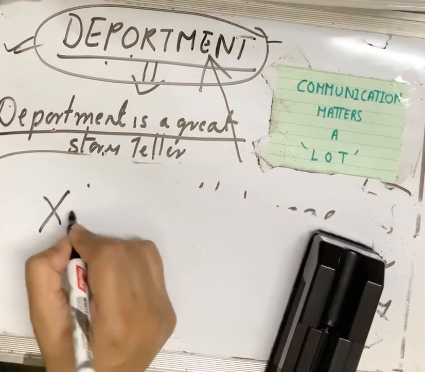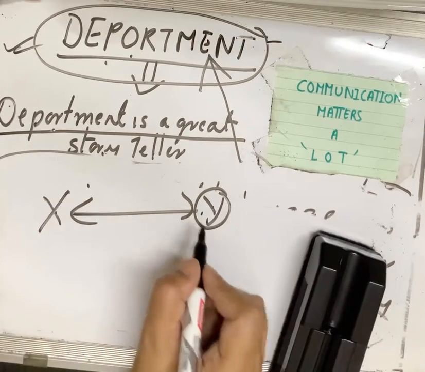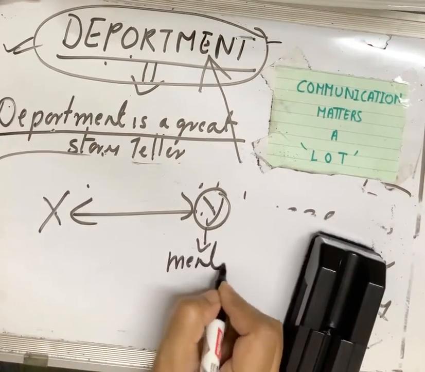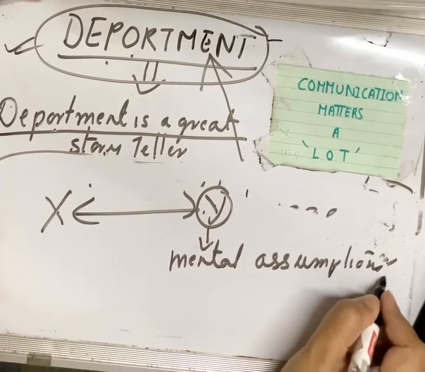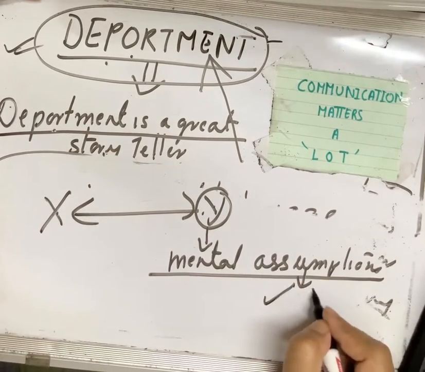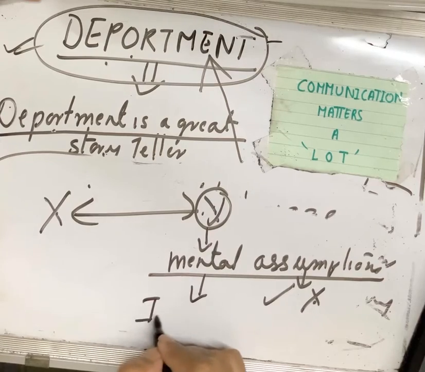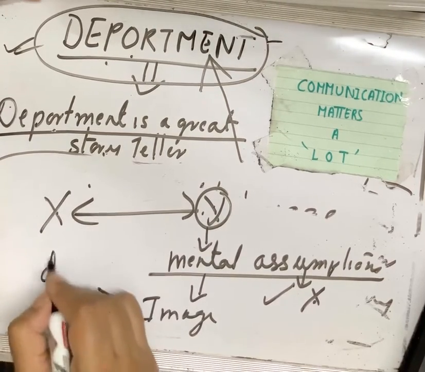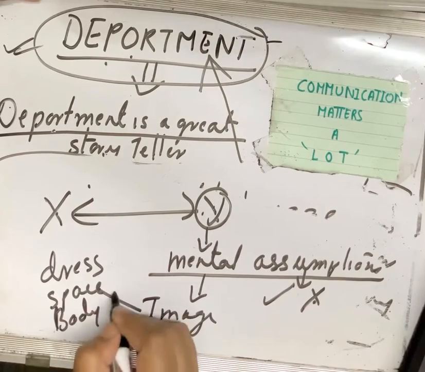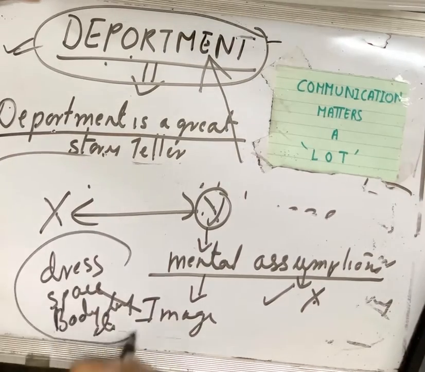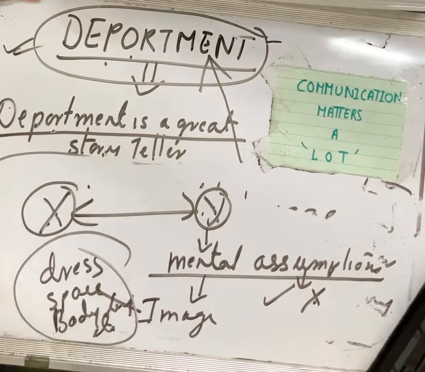So when X and Y are standing in front of each other, Y is noticing and making some mental assumptions. This may be true, this may not be true, but the assumptions are based on the image, and this image is, like I said, dress, space, body language, etc. So while speaking, X has to be very conscious, very careful about his image.